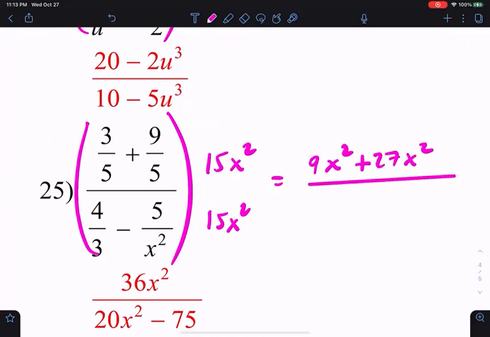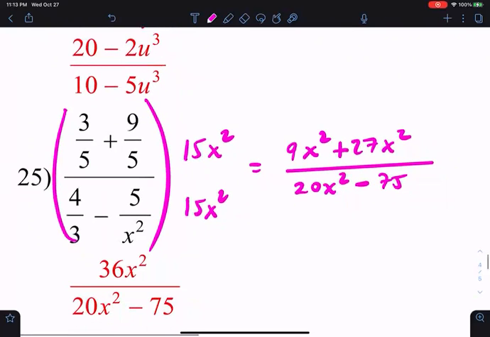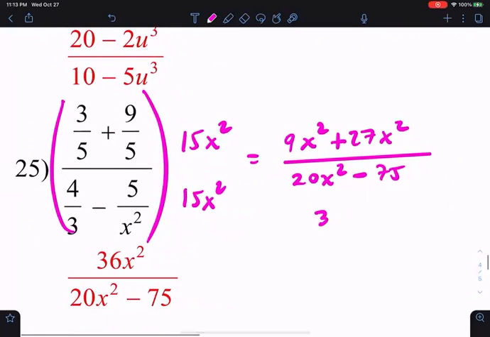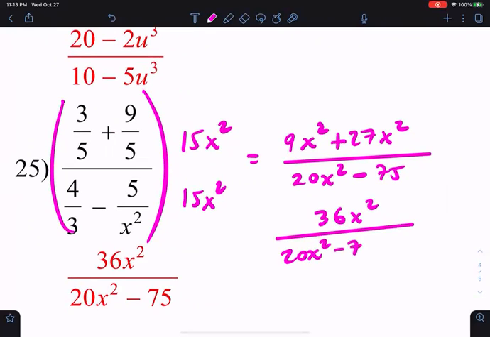And then on the bottom, 15 divided by 3 is 5. This is 20x squared minus 15 times 5 is 75. That's it, right? And then we add it. So this is 36x squared over 20x squared minus 75.